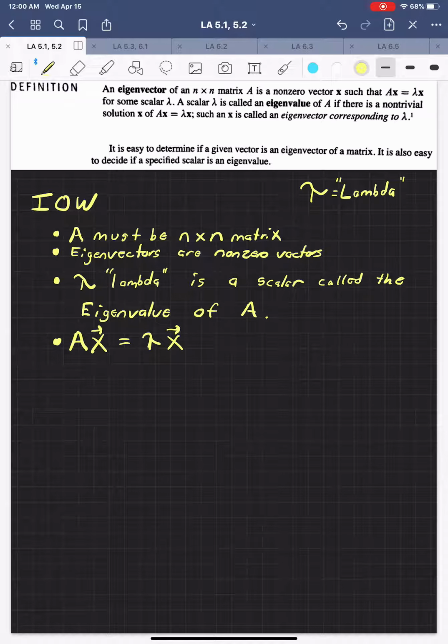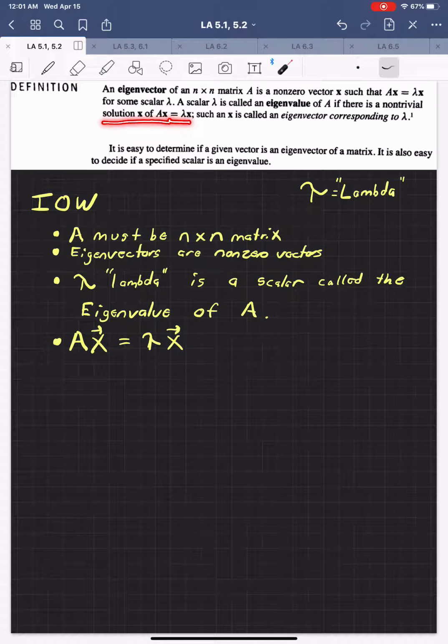Now, let me continue reading with my definition. An eigenvector of some n by n matrix A is a non-zero vector x such that Ax is equal to lambda x for some scalar lambda. I have all that written. A scalar lambda is called an eigenvalue of A if there is a non-trivial solution x to this equation.